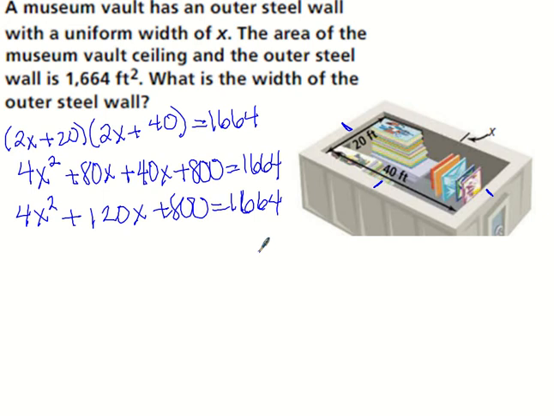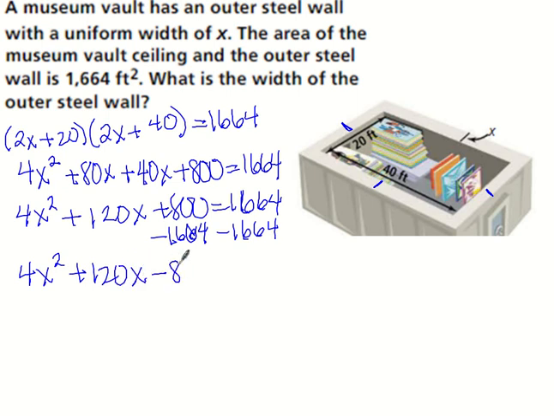To solve, we have to first set this equal to 0. So I'm going to subtract 1,664 from both sides. So we get 4x squared plus 120x, and this is actually going to be negative 864 equals 0.